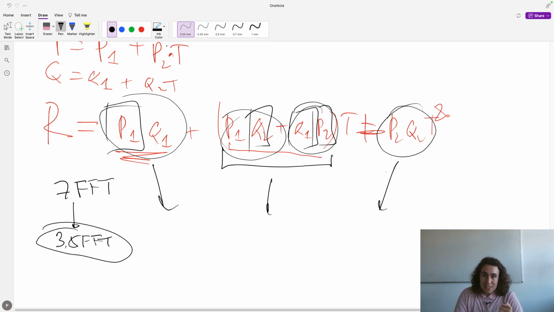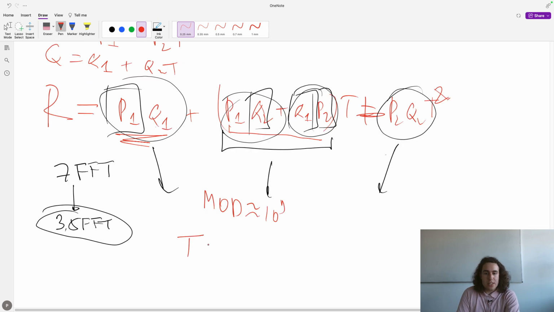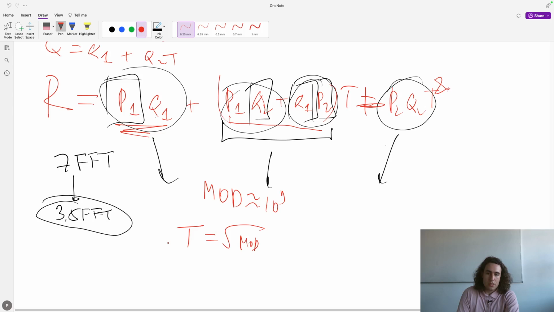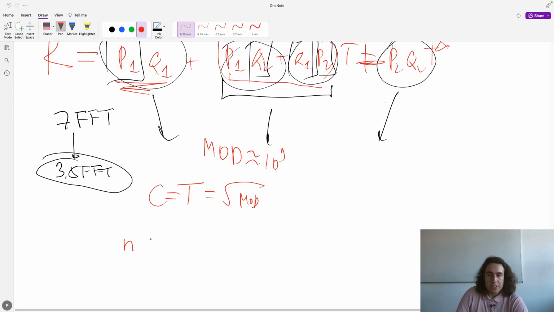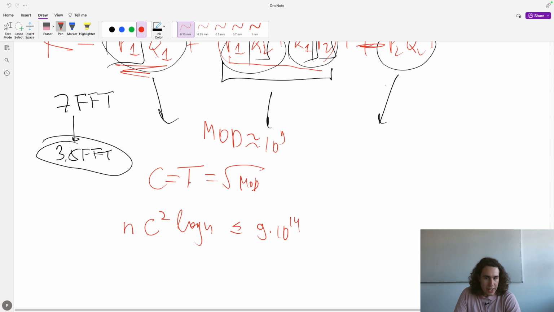But even then, you can see that if our mod is like 10 to the 9 normally, right? Then our t is square root of mod, and this is the limit of our values that we have in our array. So we have an array of size n, right? If you remember what we talked about before about precision, we need n c squared log n to be at most 9 times 10 to the 14. C squared is mod, right? So we have n log n times 10 to the 9 is at most 9 times 10 to the 14.